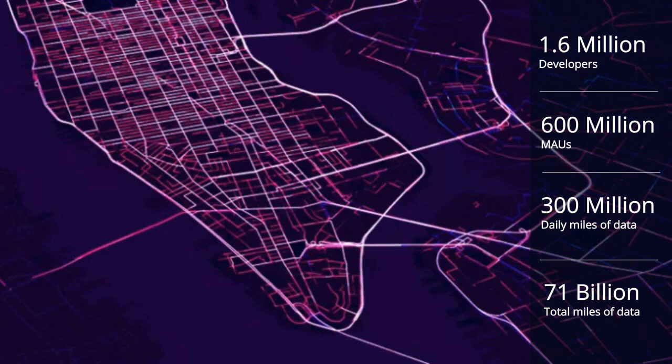Mapbox enables 1.6 million developers globally, reaching more than 600 million monthly active users. Every day, these user devices generate 71 billion total miles of anonymous aggregated sensor readings, and we use that to deliver precise traffic data and live up-to-date maps.